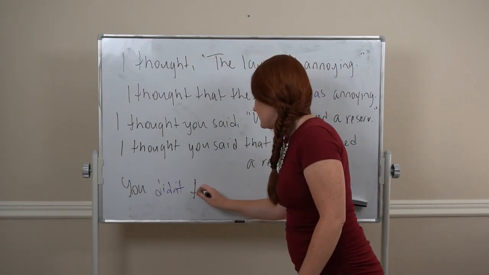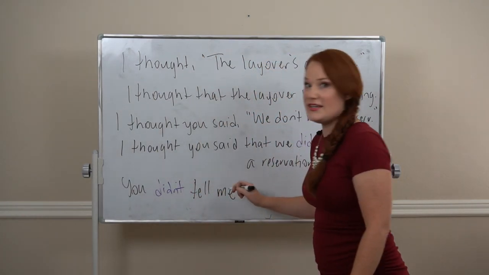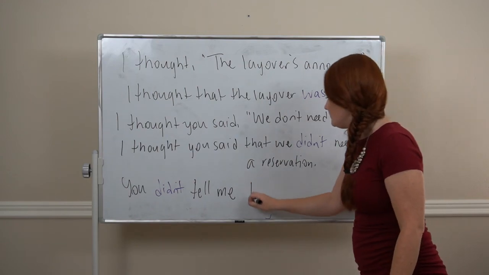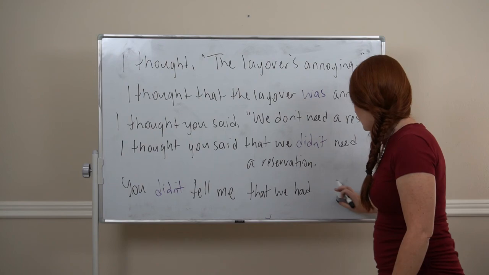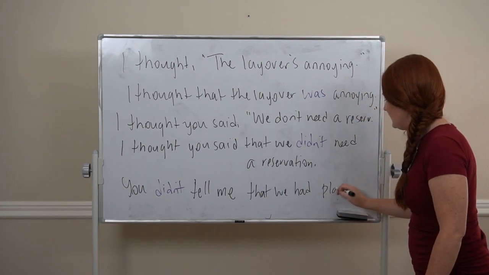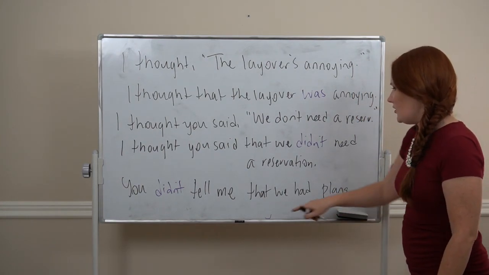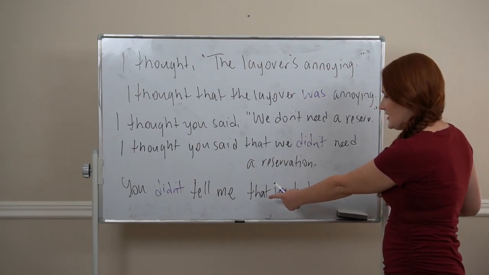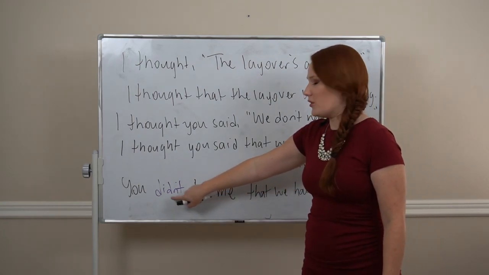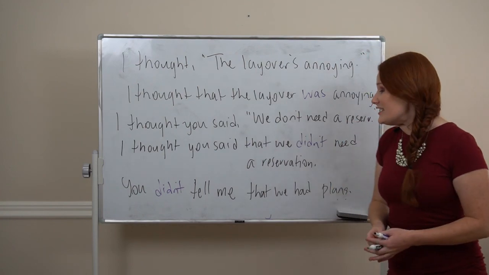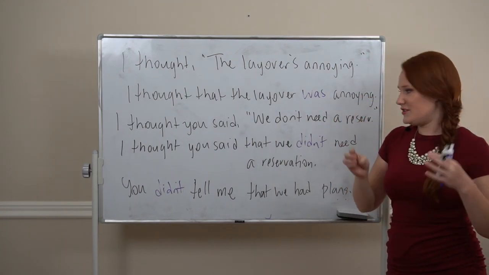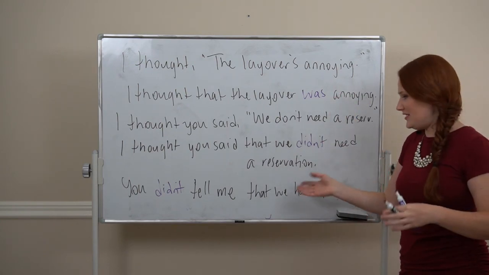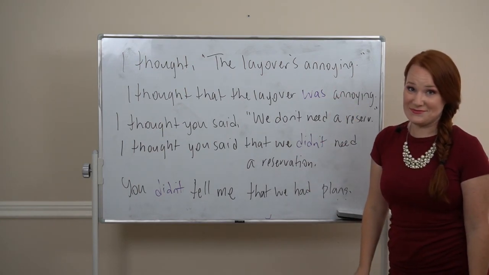"You didn't tell me that we had plans." So the reported speech will stay the same, but our reporting verb there will be negative. You didn't tell me that we had plans. Now I don't have anything to do. We have to go out. You didn't tell me that we had plans.